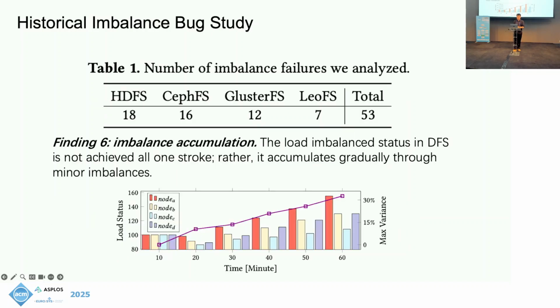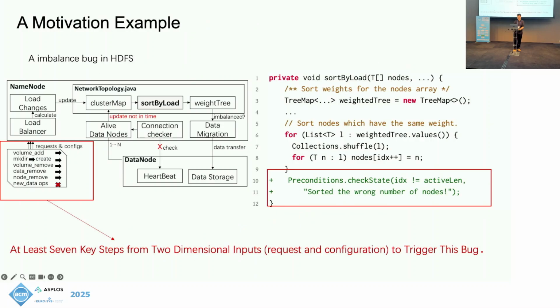For the last finding, we recorded and analyzed the load changes during the imbalance failure triggering process, and we find that the ultimate load imbalance state in a DFS is usually caused by continuously accumulating many intermediate states of slight load variance. Based on these findings, we want to design a testing framework for the imbalance failures in distributed file systems.